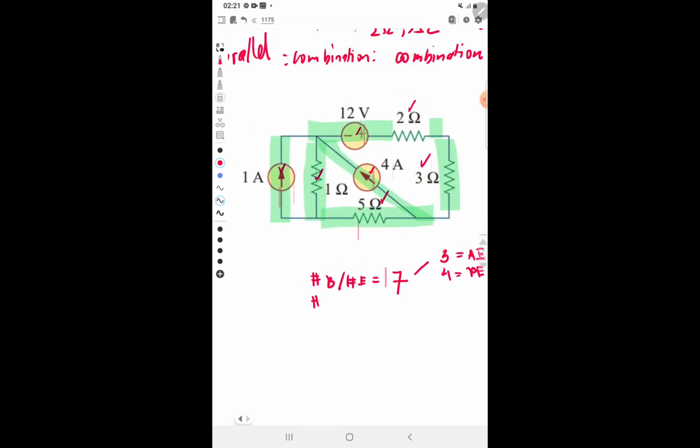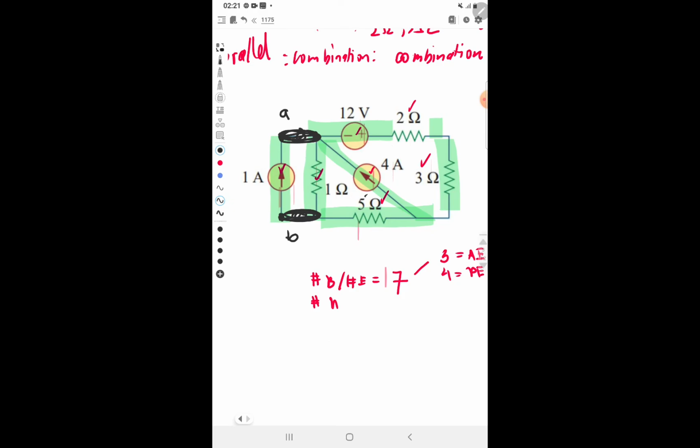So from that, we have number of nodes. So bilangin natin yung number of nodes. We have our 1. So this will be our node A. Of course, isa lang to. This is our node B. Okay.